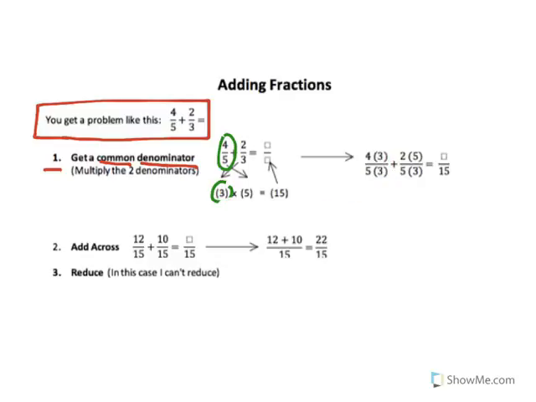So we multiplicamos el número en la parte superior, aquí, y el número en la parte inferior, aquí, por el mismo número, mismo, no diferente.